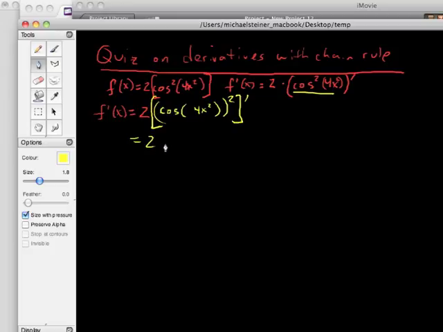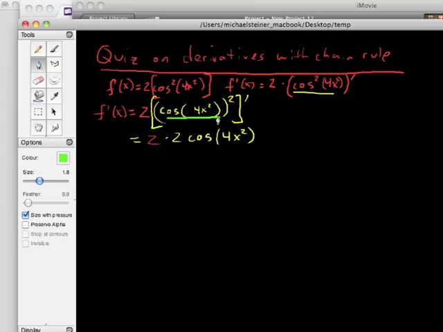So we have 2 times 2 cosine of 4x squared, to reduce the power by 1, which is just 1, so it would just be this, but we still have to take the derivative of what's inside.